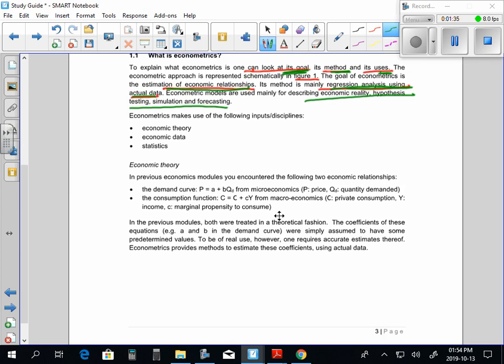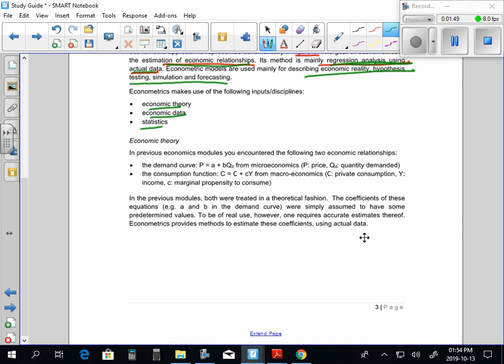Econometrics makes use of the following disciplines or branches: economic theory, economic data, and statistics. So it is a combination of those. In economic theory, we talk about relationships, for example, the demand curve, which follows a linear form where price is equal to A, which is a constant, plus B times quantity demanded.